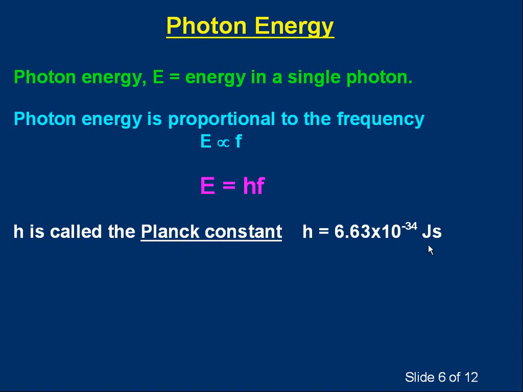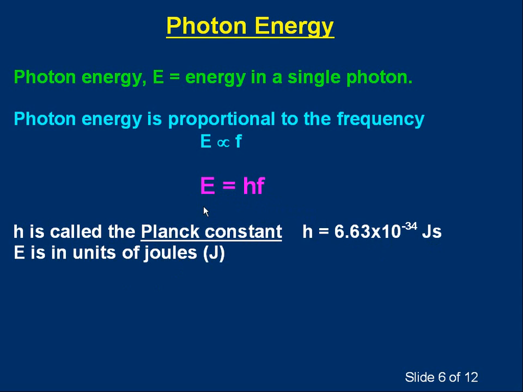It's not joules per second, it's joules times seconds, joule seconds. And it's important because it relates the wave model, which has a frequency, to the particle model, which has a photon energy. So it links the wave-particle duality models of electromagnetic radiation. It links particles to waves, h.